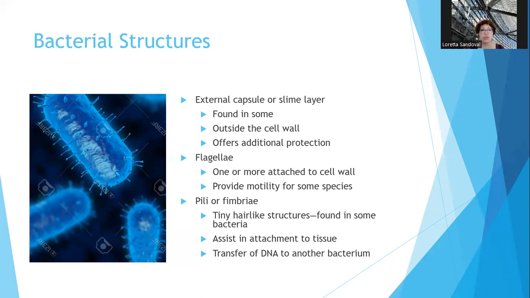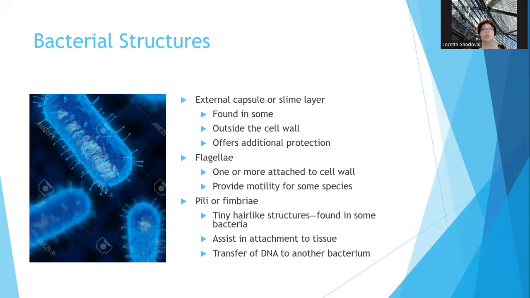They can paddle around with the flagellae. There are little hair-like structures called pili or fimbriae that are found in some bacteria. They are along the edge of the cell wall, and sometimes they assist in attachment to tissues or surfaces. And they also assist in the transfer of DNA to another bacterium.